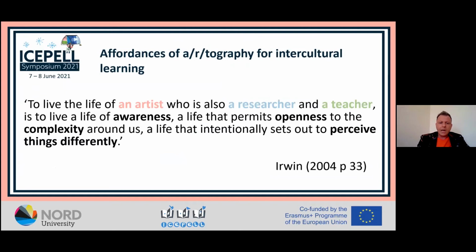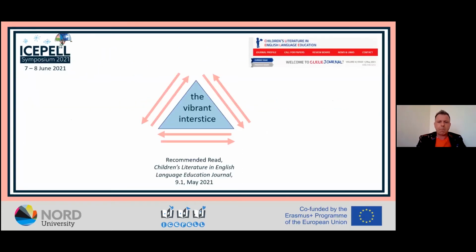So, this is a quote from Irwin, bringing those three dimensions together, the artist, the researcher, and the teacher. And I put in bold aspects that I feel are very crucial for interculturality. So that awareness-raising aspect, encouraging an openness, capturing that complexity rather than downplaying it, and wanting to look at things differently or encourage different ways of looking.